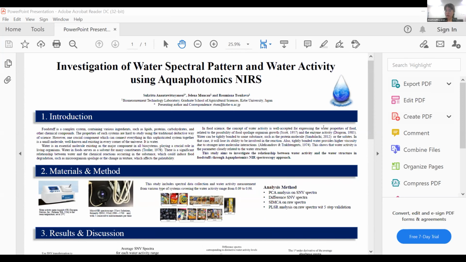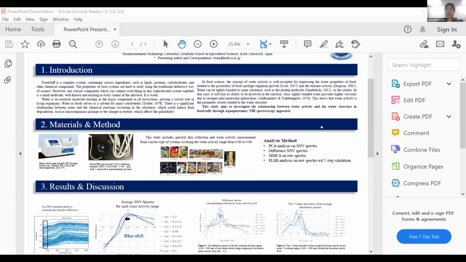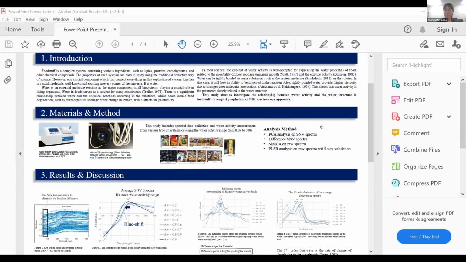So this study aims to investigate the relationship between the water activity value and water structure through the aquaphotomics near-infrared spectroscopy approach.